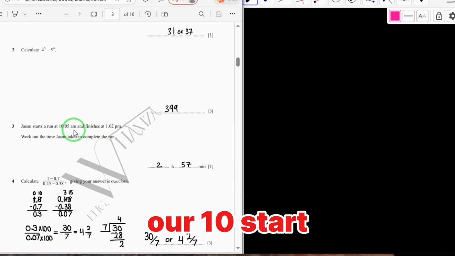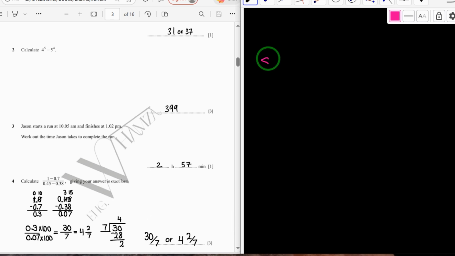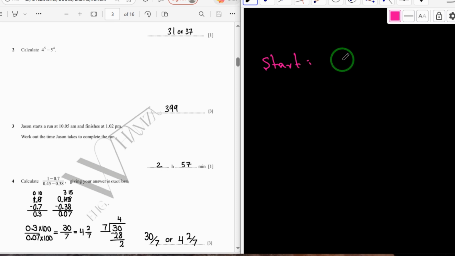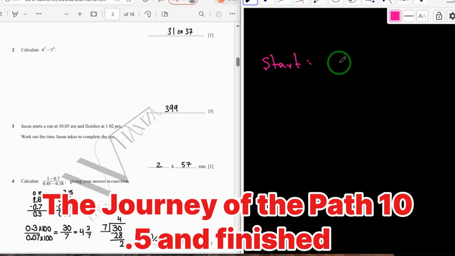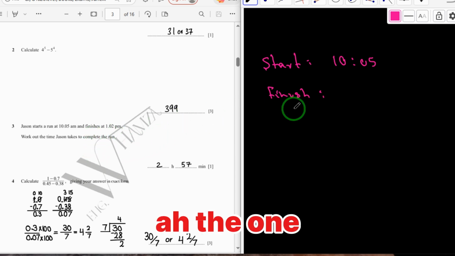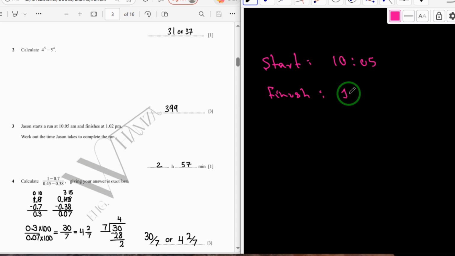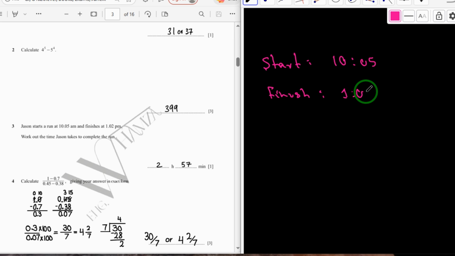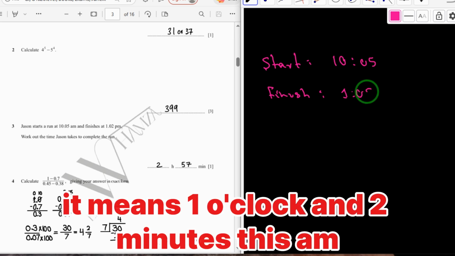He starts at 10:05 and finishes at 1:02 p.m. It means 1 o'clock and 2 minutes.